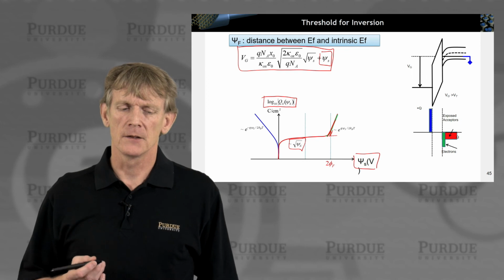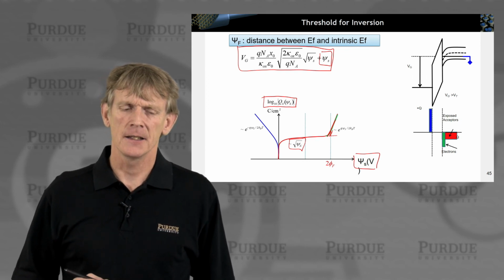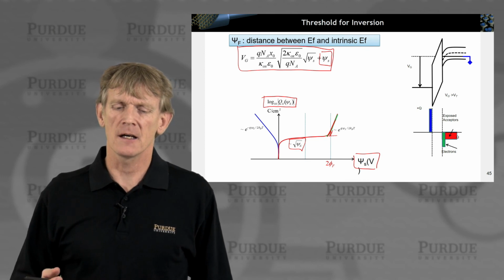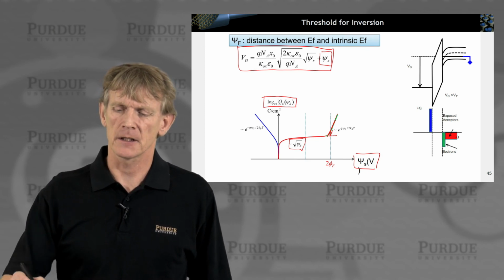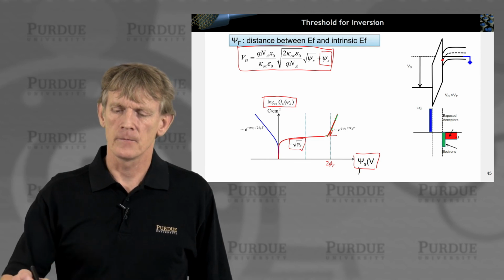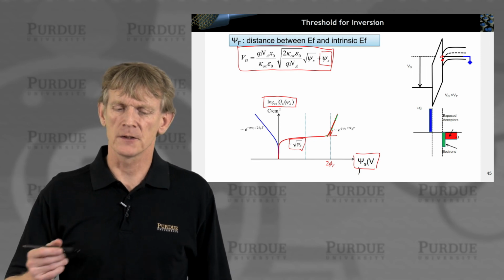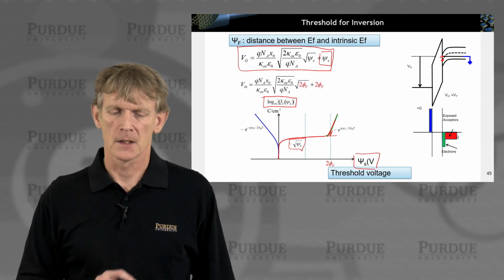So psi f, as opposed to psi s, is the distance between EF and the intrinsic EF. Okay, so that's the EF here at the interface versus the intrinsic EF.